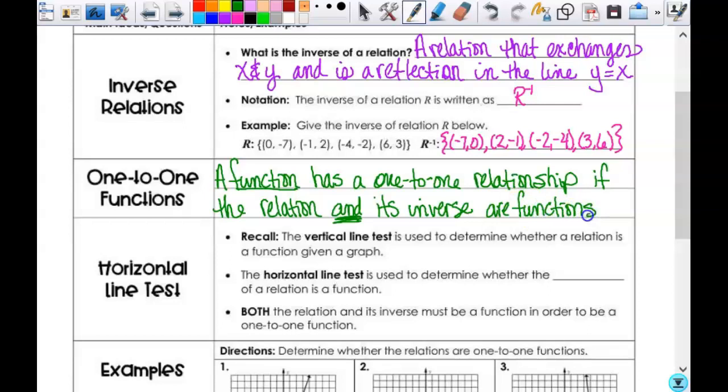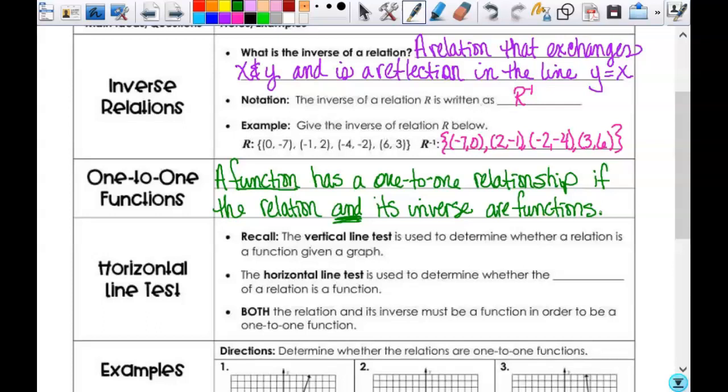So basically what this boils down to is this. Every relation has an inverse. Okay, all of them. Every relation you could come up with, there's an inverse because you can exchange x and y. Every function, you can exchange x and y, but it's not going to be an inverse function unless it's one-to-one and they're both functions.